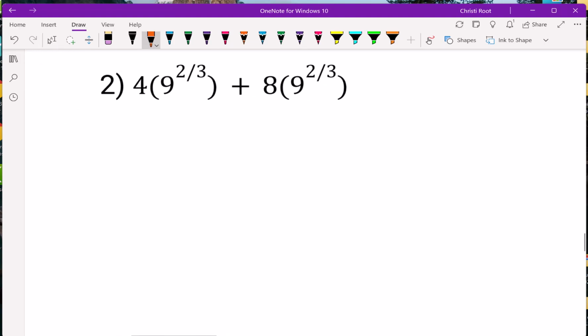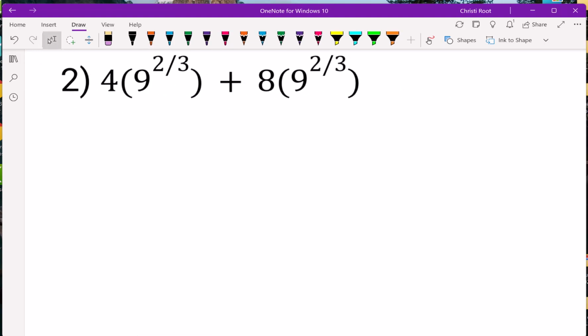So let's look at number 2. Now that looks really weird. Remember that if you have a fraction, this technically means cube root, right? So my question for you is, are these the same? Yeah, I've got the same exponent. Do I have the same radicand? Absolutely.